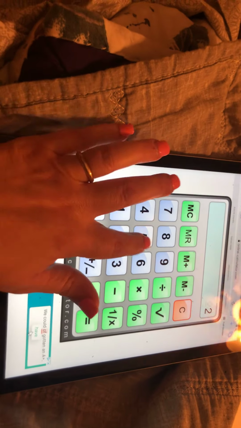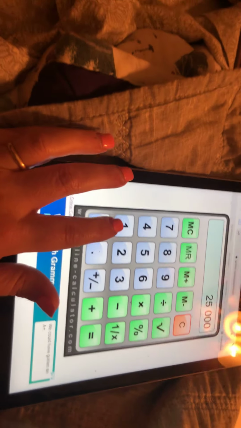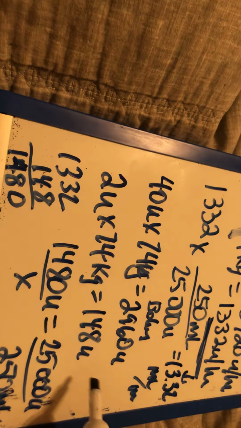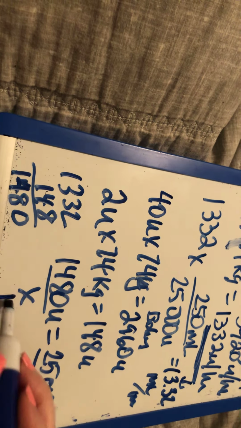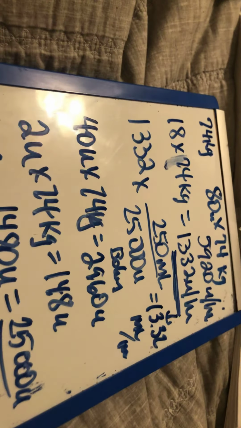That gives us 14.8 milliliters per hour. Okay. Hopefully that helps.